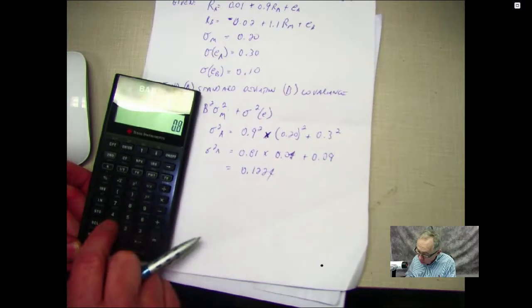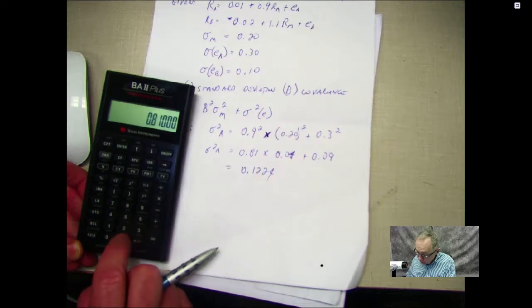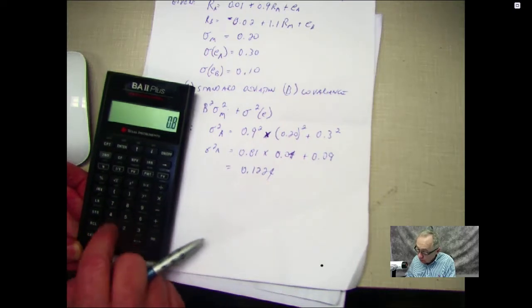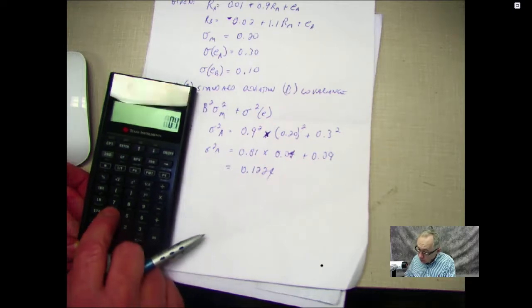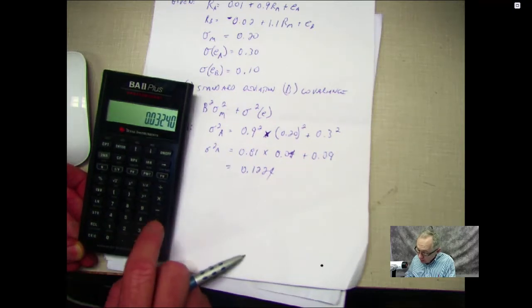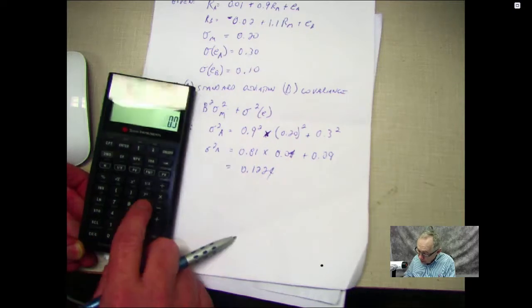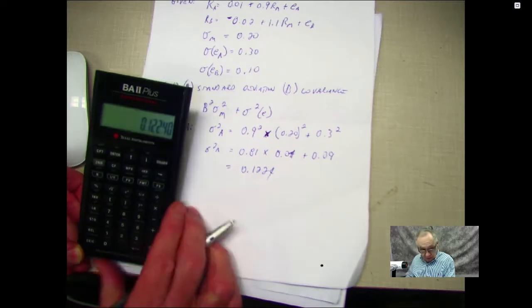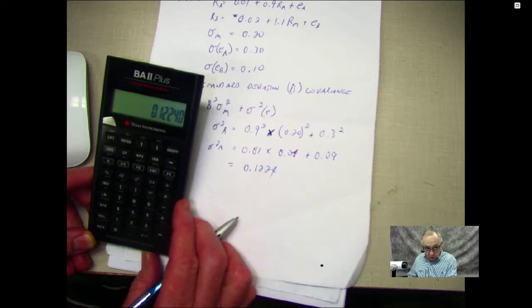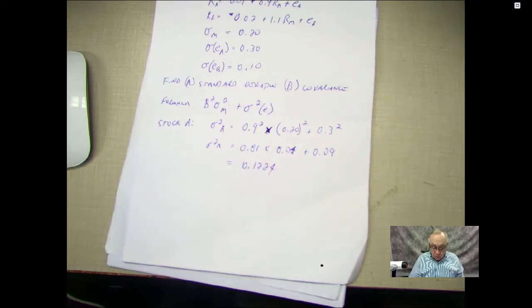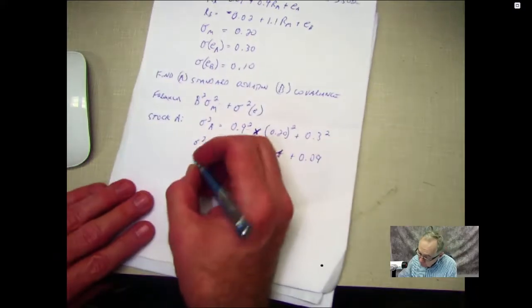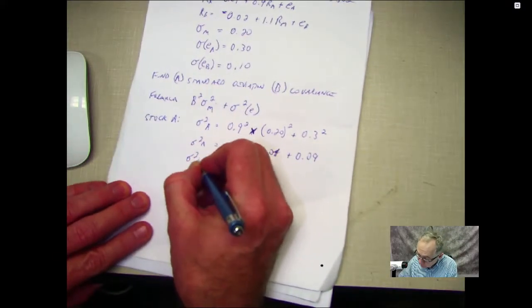So 0.81 times 0.04 plus 0.09 gives us 0.1224. And this then is our variance for stock A.